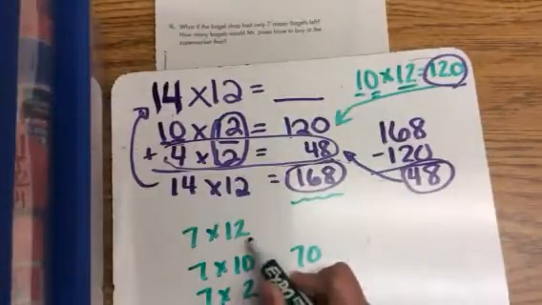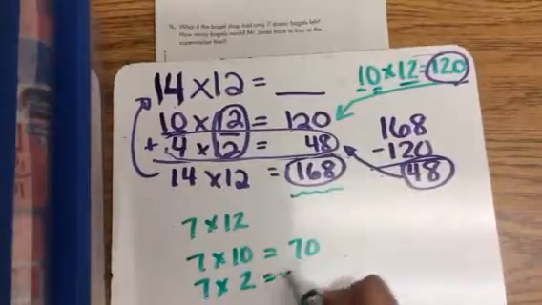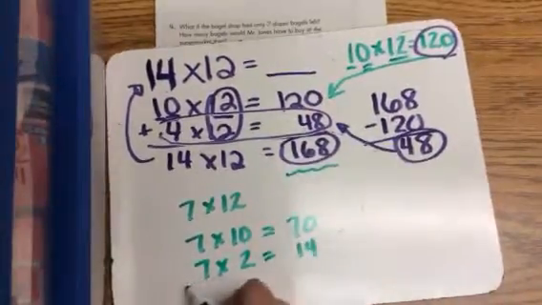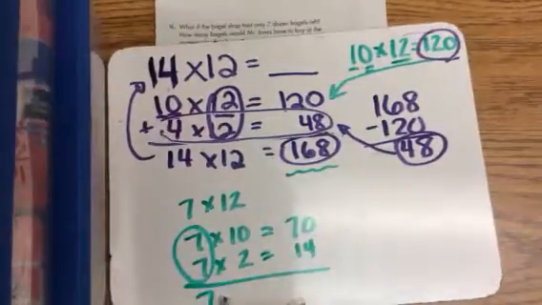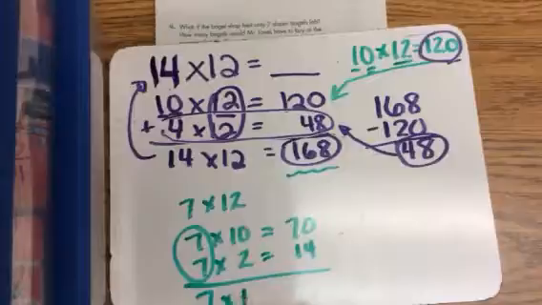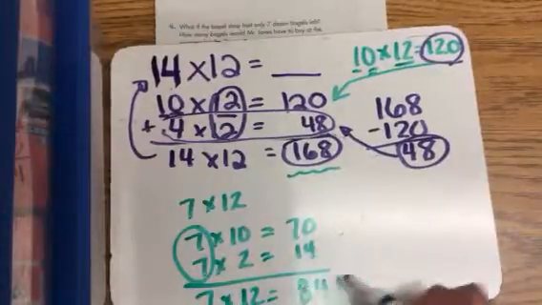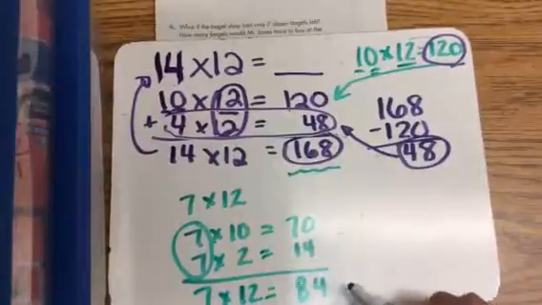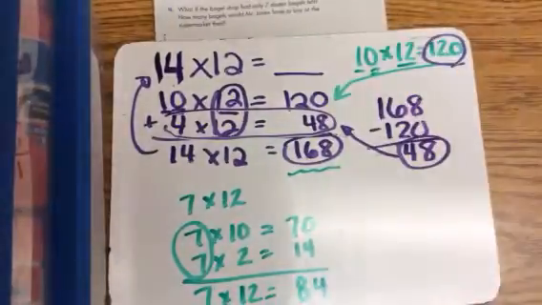The 10 and the 2 equal the 12 that I need. 7 times 2 equals 14. Well, if I put that back together, I kept my 7 the same. 7 times 12 equals 84. He's going to buy 84 bagels at the bagel shop.